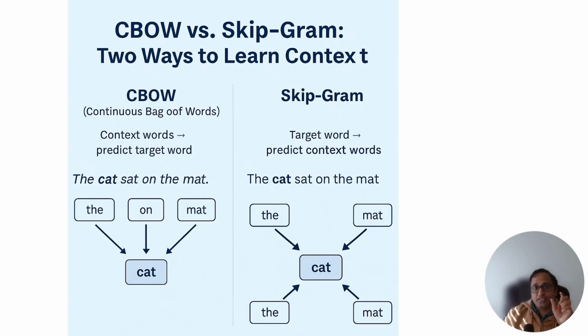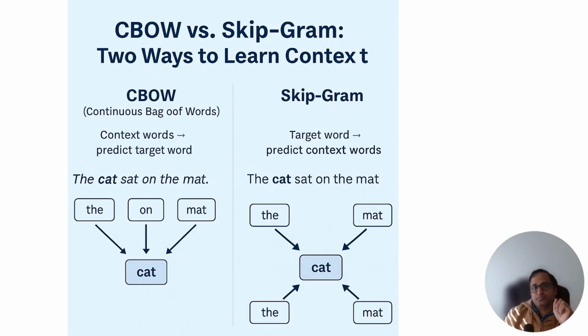Now we take the center word, say cat, and try to predict its neighboring words like the, on, and the mat. CBOW is faster and works well for frequent words, while skipgram is slower but better for rare words because it learns richer representations. But regardless of which model you use, both approaches push words in similar contexts close together in the vector space.